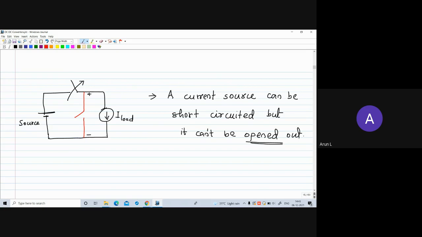Provide one more switch across the current source, and at the moment when you are opening this switch S1, close the switch S2. So when you are opening S1, immediately close S2 so that this load current can circulate in this path. So we will not break the path of this current source. We will not open out the current source. So that is one possible solution.